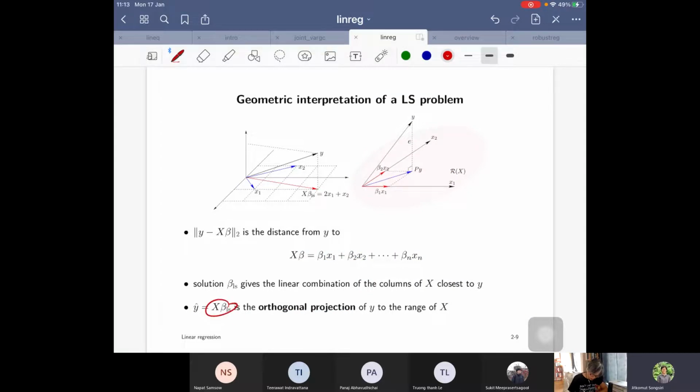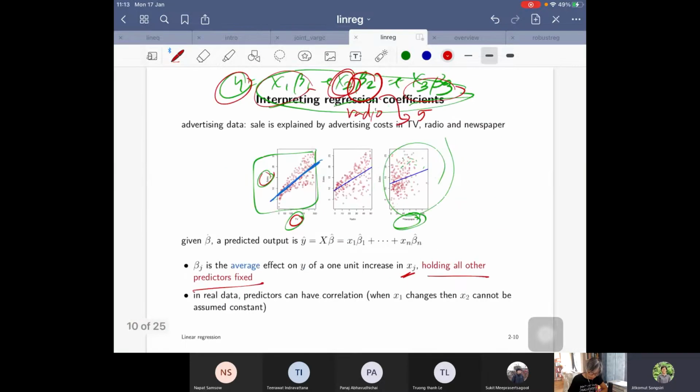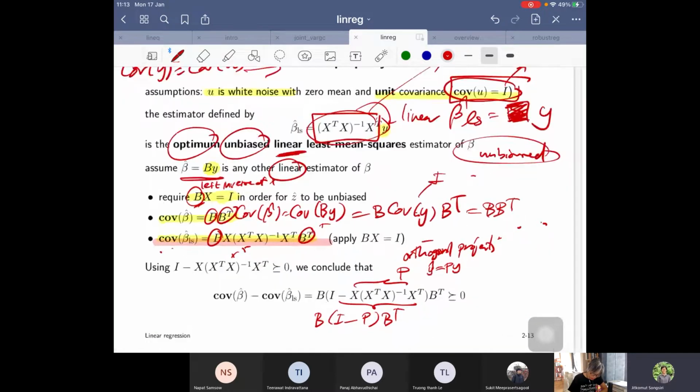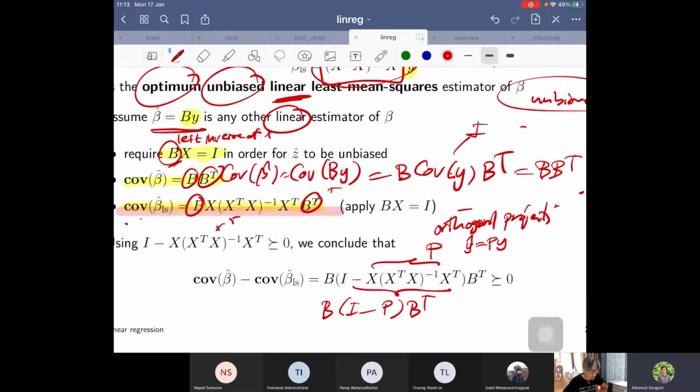If you just plug in the form X transpose X inverse X transpose Y, you see that Y hat is in the form of P times Y, and that is the orthogonal projection matrix. From here you see that this is a quadratic form of B. Then what do we know about I minus P?